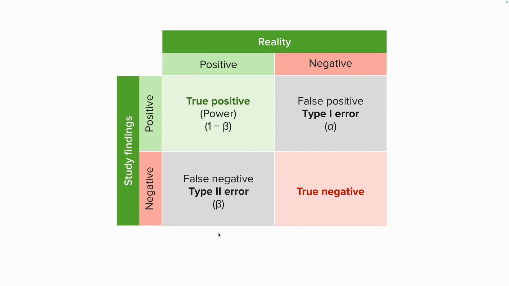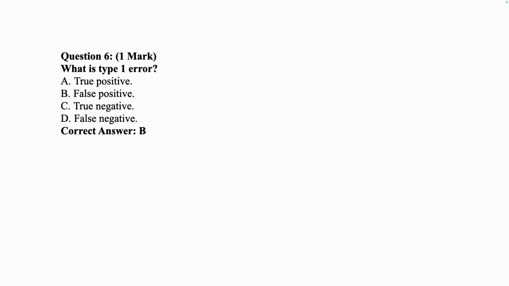This is wrong. So for the false positive, if the expected value is negative but the observed value is positive, it would come as a false positive and it comes under type 1 error. So the correct answer would be B. What is type 1 error?